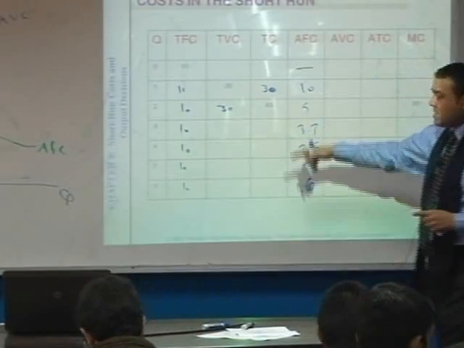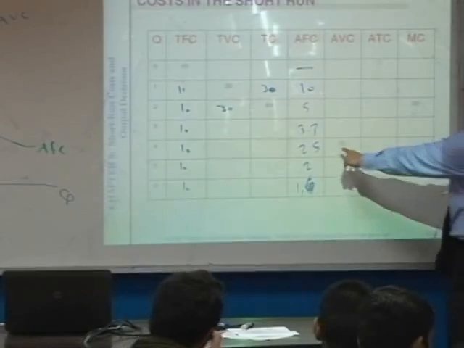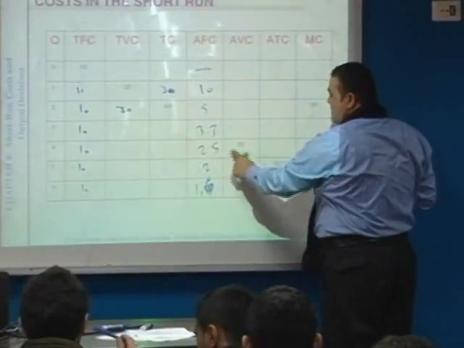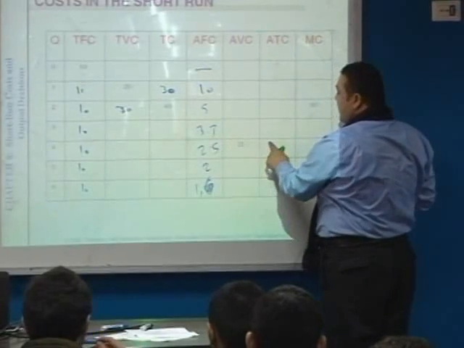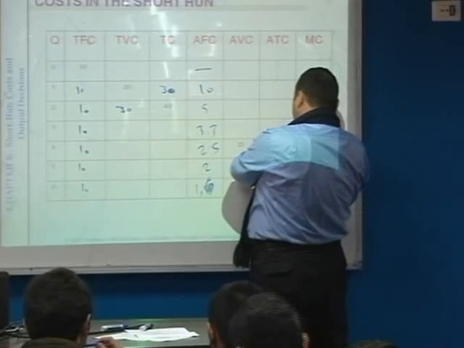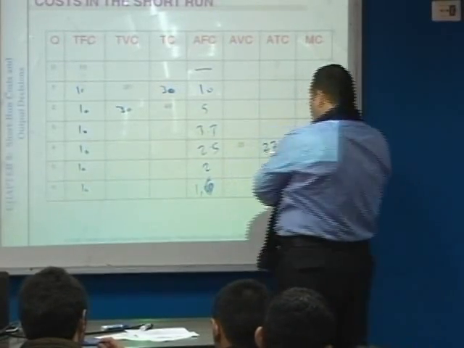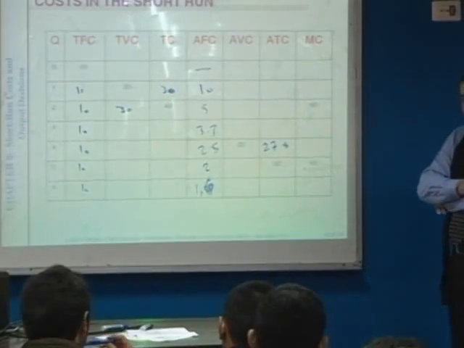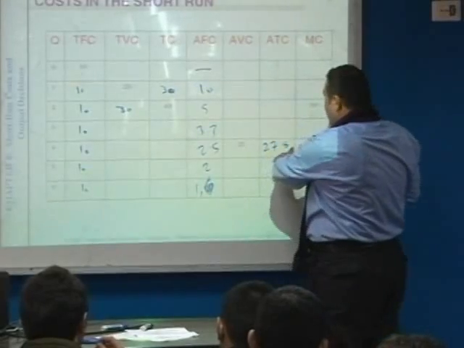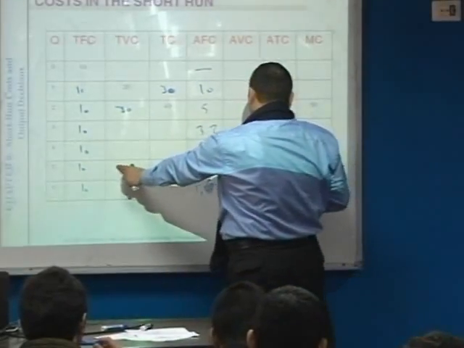Okay, let's benefit from the other. In this case, 2.5. AFC plus AVC is ATC, right? So it equals here 27.5, right? And we can use this point to calculate total cost, right?